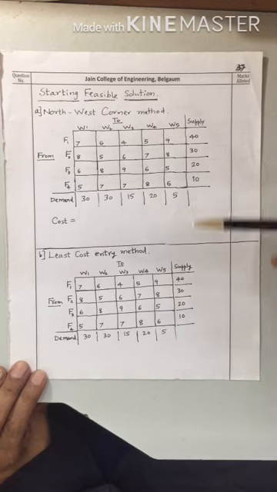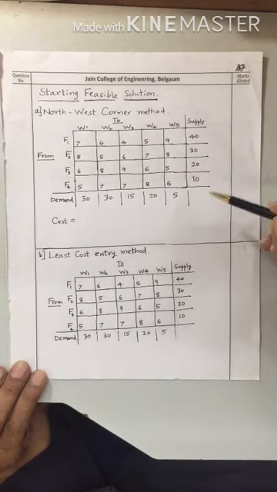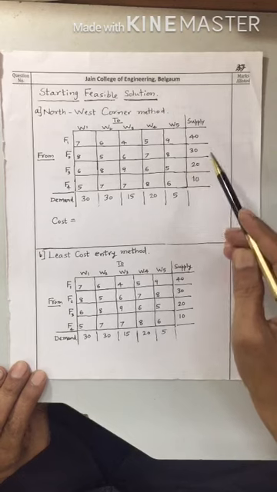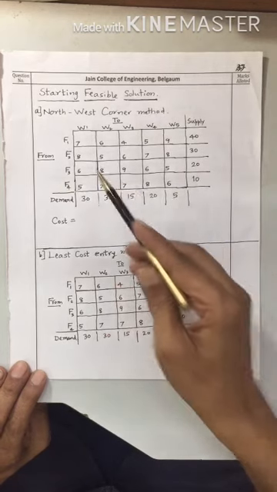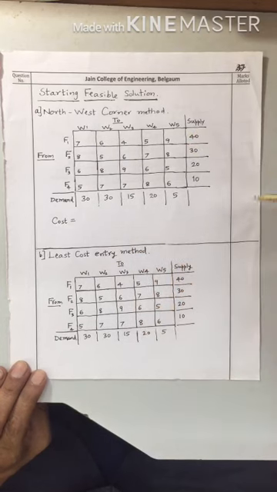All these three methods have their own criteria of making a decision. They select a cell for making a decision. So what do I mean by that? I have taken a transportation problem which has 4 sources and 5 destinations.